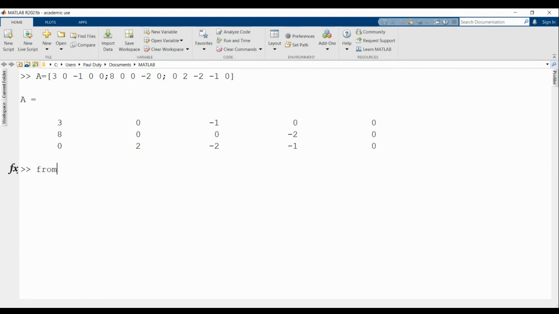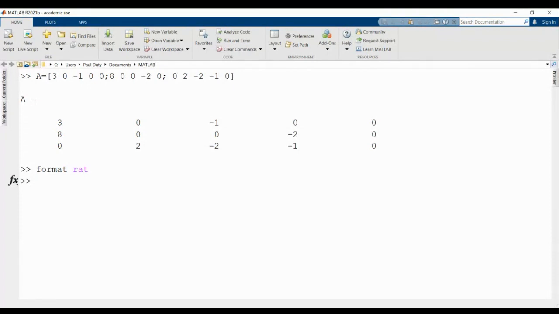Now, I'm going to use a command called format RAT. What that's going to do is, when the row reduction's done, it's going to give me fractions in the reduced echelon form of the matrix. I want to use fractions because MyMathLab wants fractional answers, unless told otherwise.